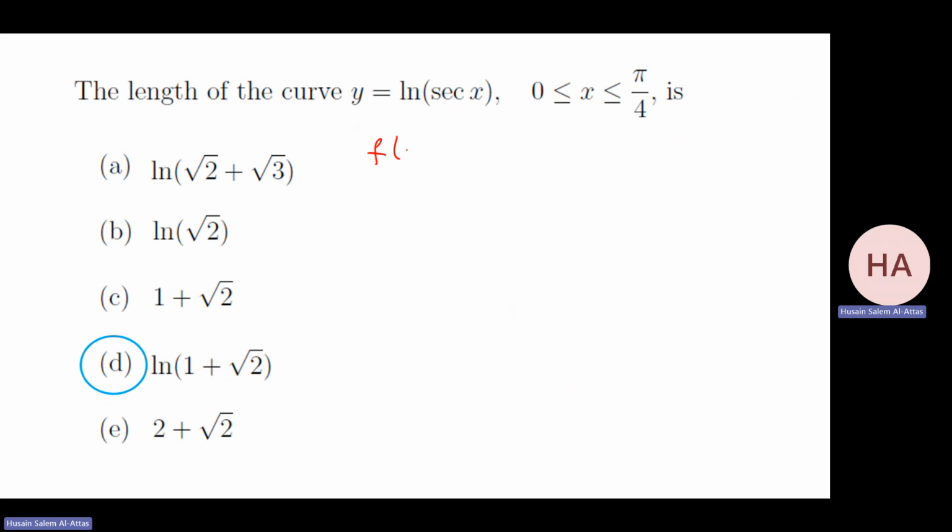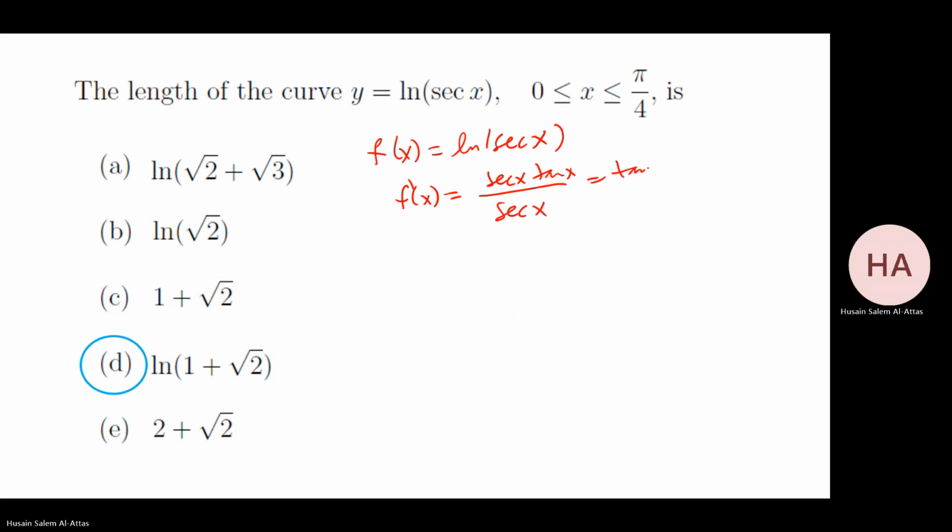I have f of x is ln secant x, f prime is secant tan over secant, so tan x. 1 plus f prime square, let me do it quickly. That will be 1 plus tan square, which is secant square.